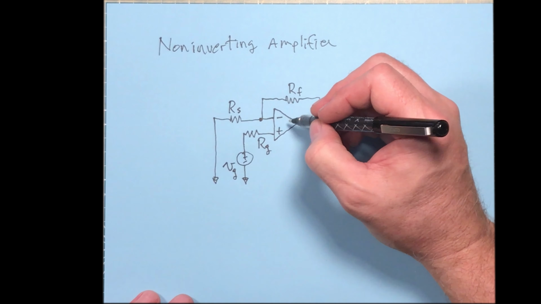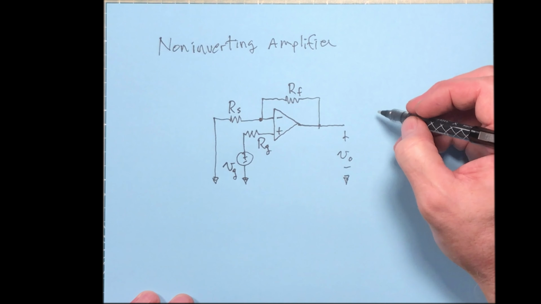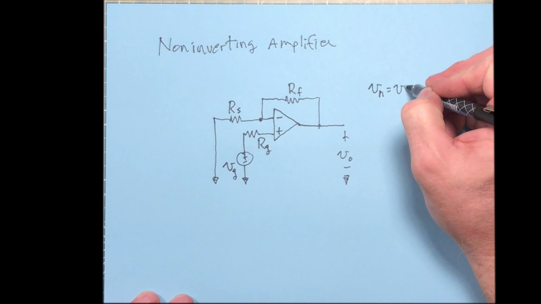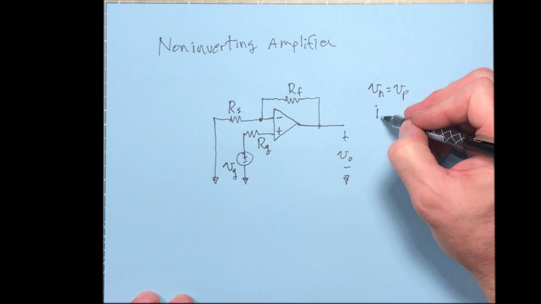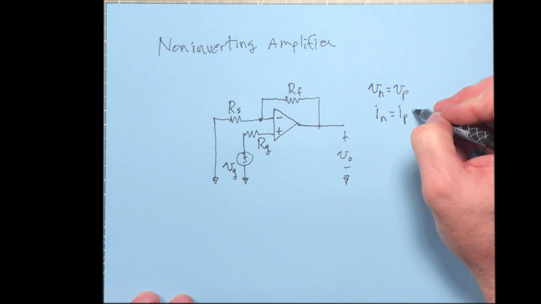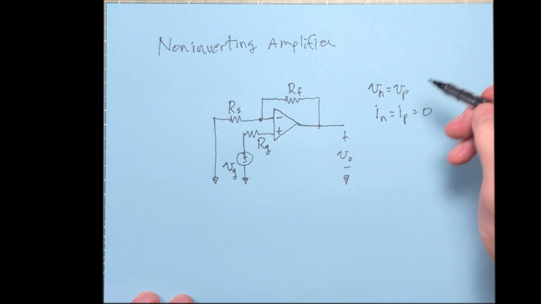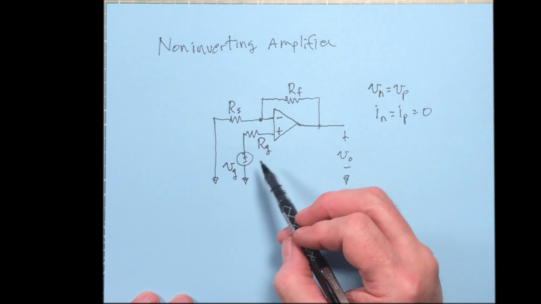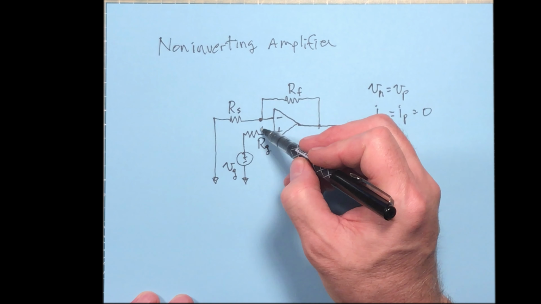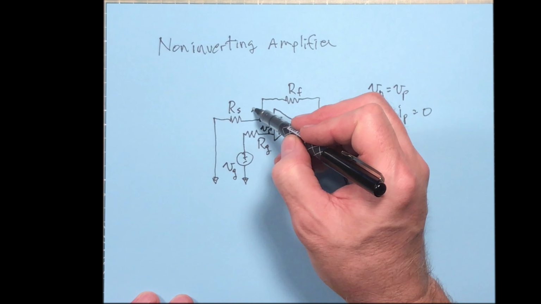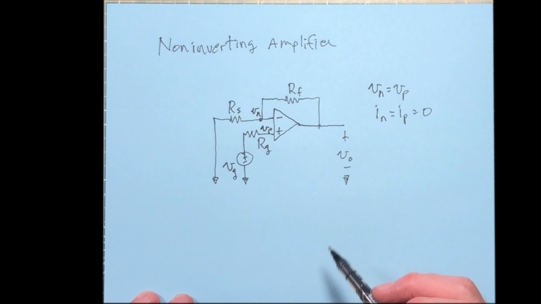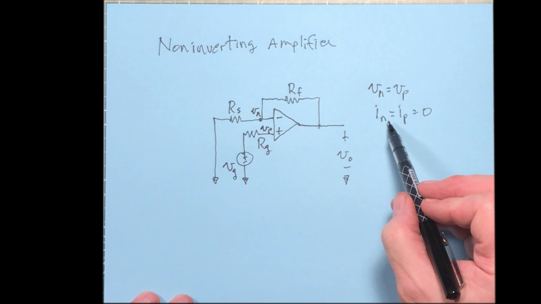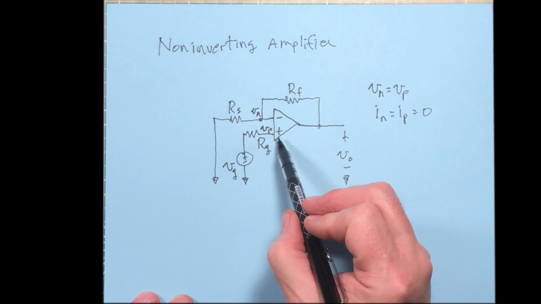Okay, well, let's say we use our ideal op-amp constraints, V sub n equals V sub p, and I sub n equals I sub p equals 0. Now if you look at this one right here, you need to be able to figure out what V sub n or V sub p is. This is going to be V sub p, this is going to be V sub n. And remember, there are no currents going into the op-amp.